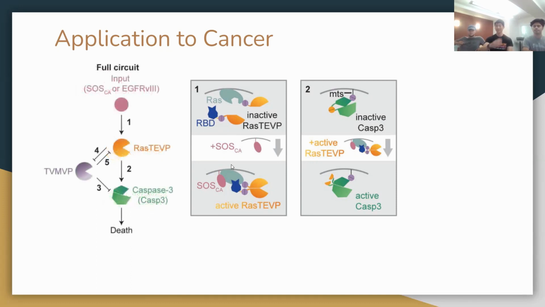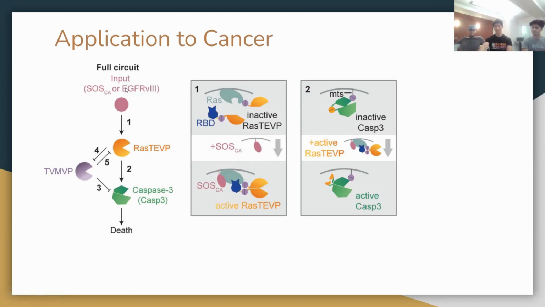So they introduced the third Pac-Man. How does the third Pac-Man play into this? The signal causes cell death, but even a low signal, we don't want it to cause cell death. How do we do that? We introduce this purple Pac-Man that inhibits the yellow and green. By adding this purple Pac-Man, it will stop the yellow and the green and prevent cell death, unless there is above a threshold of the signal.